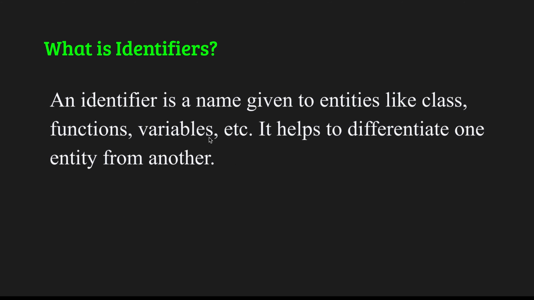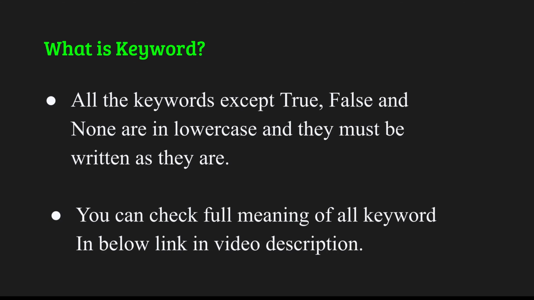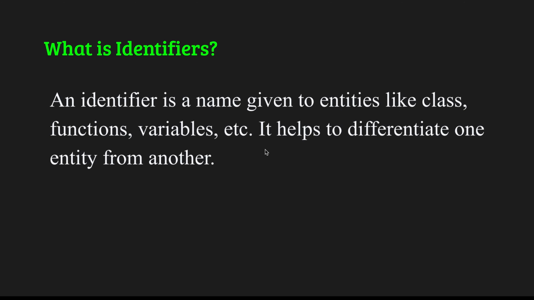The third rule is we cannot use a keyword as an identifier. We mentioned previously that we cannot use any of these keywords for an identifier name or variable name.